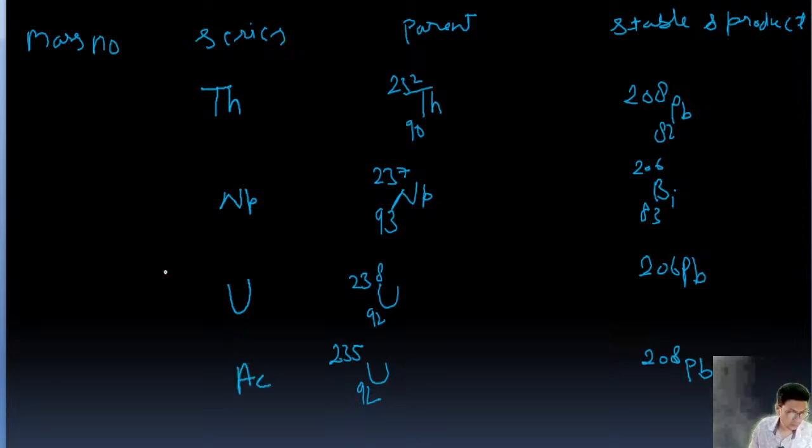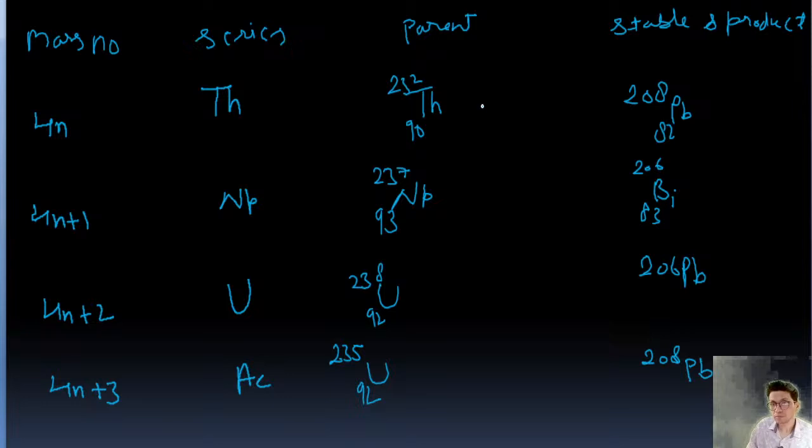This is 4n, this is 4n plus 1, this is 4n plus 2, and this is 4n plus 3. This is a very important series: thorium, neptunium, uranium, and actinium. The stable products from these parent nuclei are lead, bismuth, lead, and lead.